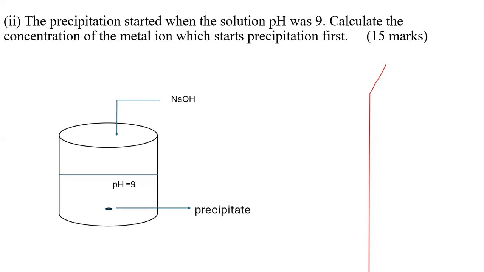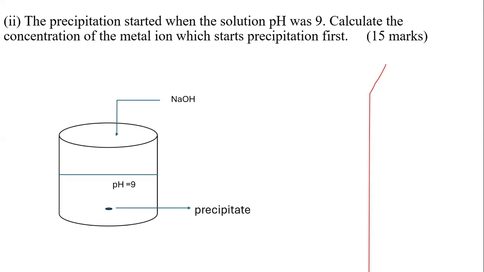The precipitation started when the solution pH was 9. Calculate the concentration of the metal ion which starts precipitation first. Selective precipitation is not possible. I asked you to draw clear pictures when you are reading the question.